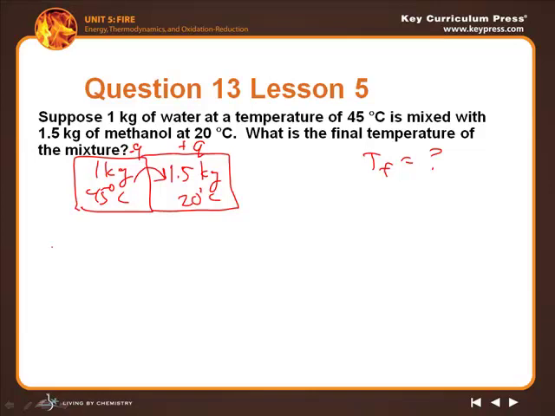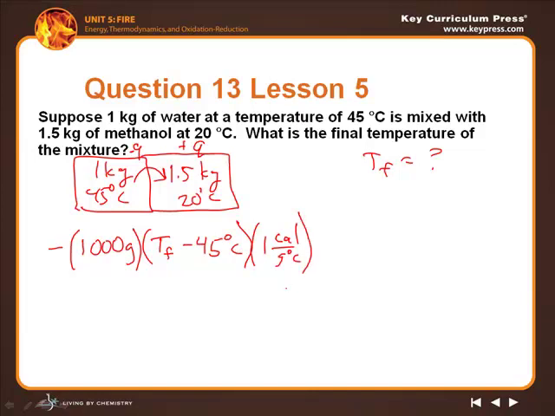For the water, the mass is 1 kilogram, which is 1,000 grams. The change in temperature goes from 45 to some final temperature. The specific heat capacity is 1.